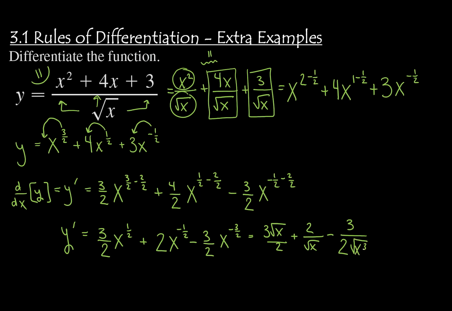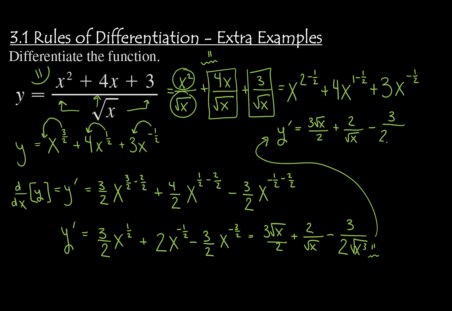But then that last one can be simplified because we've got an x cubed inside a square root. So I'm going to rewrite my final form up here. So my y prime is going to be 3 square root of x over 2 plus 2 over square root of x minus 3 over 2x square root of x.